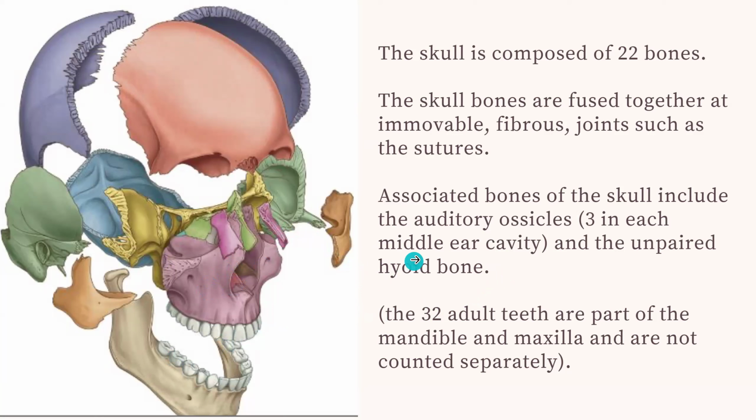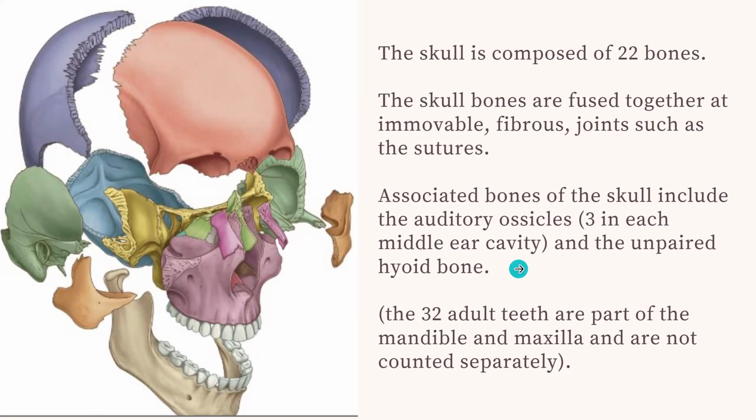So some references consider these bones part of the skull. When they speak about the number of skull bones, they say the skull is composed of 29 bones, because they add the six auditory ossicles, three on each side, and one unpaired hyoid bone.